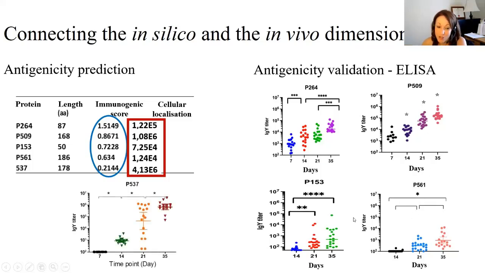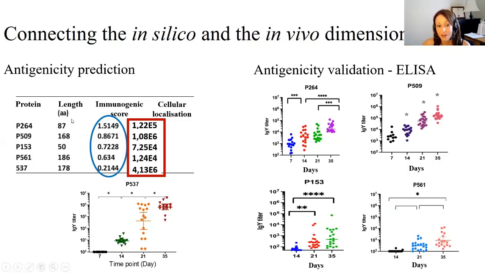Another interesting observation, and here just above in the red square, you have the different titers. This value corresponds to the highest titer that was observed in a specific group corresponding to a specific protein. But as you can see, it is difficult to link the predicted immunogenic score to the response observed in birds.